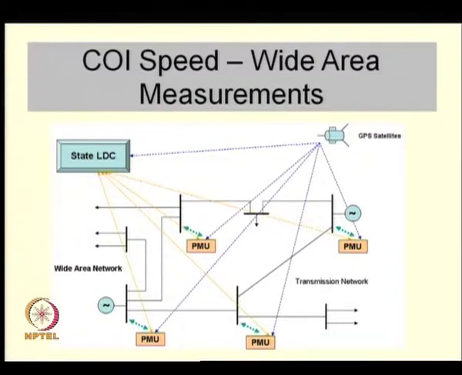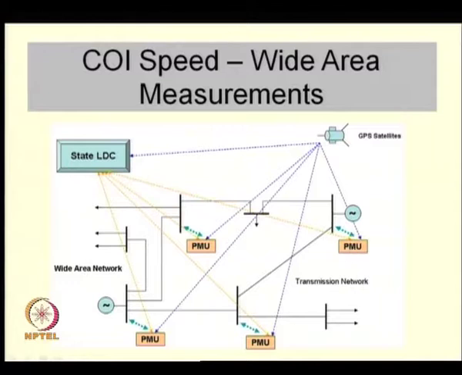But today it turns out that it is feasible to have very well time synchronized measurements using GPS satellites. So, you can actually measure the frequency or generator speeds at various locations and time tag them. All the measurement units, these are called phasor measurement units, are synchronized, having the same kind of synchronized clocks by using GPS signals.